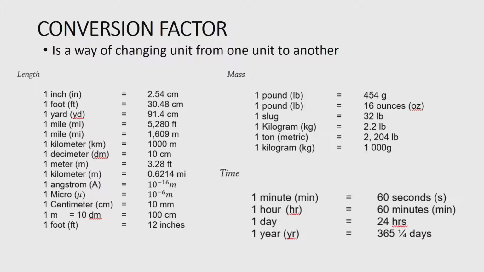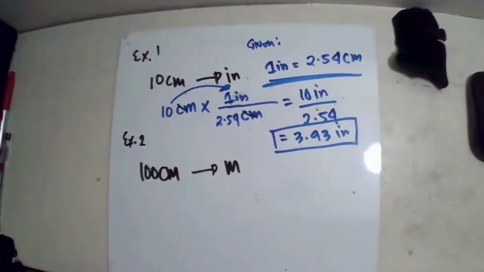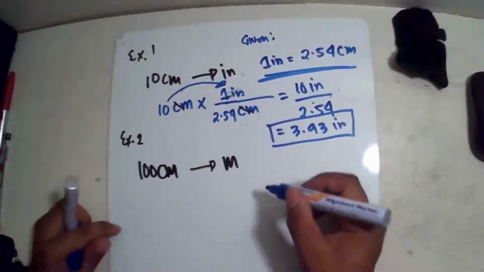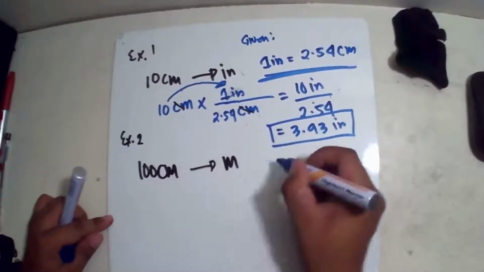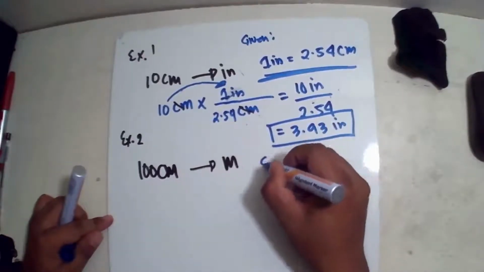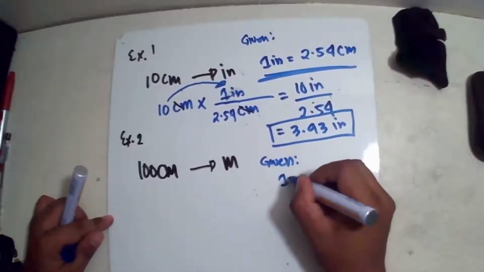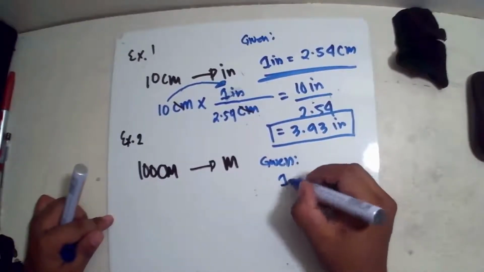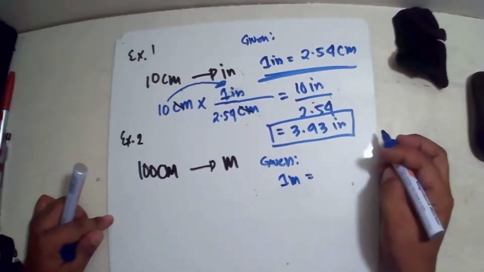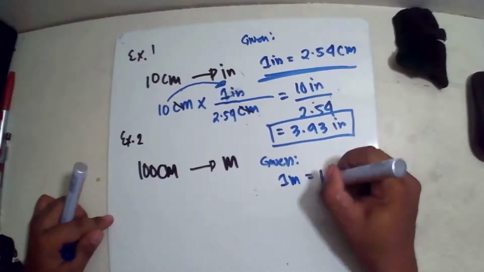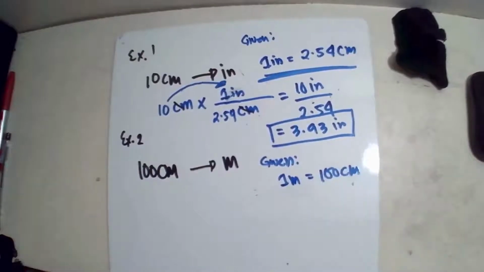So we will use this standard relation. Our basis now is, for every 1 meter, this is equivalent to 100 centimeters according to the conversion table.